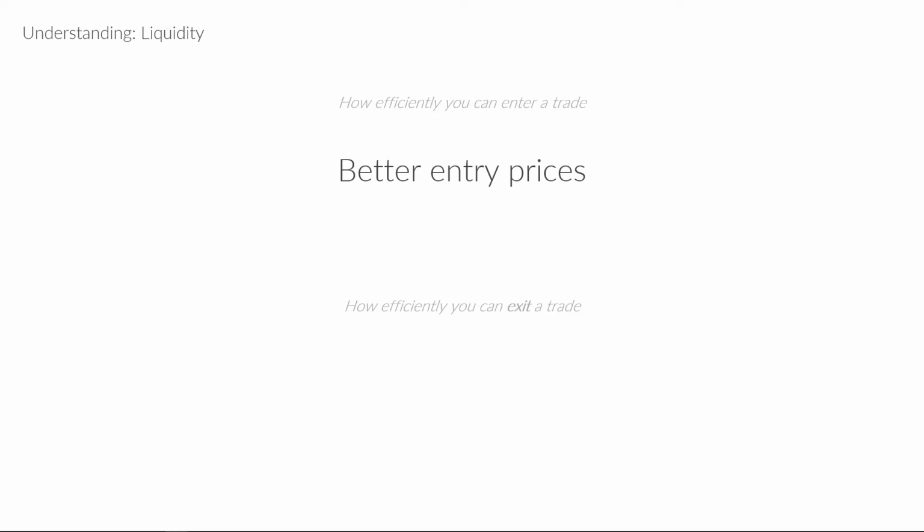In terms of the efficiency of your entry, you can get better entry prices, and therefore optimize your short-term profitability. This affects your long-term profitability too, but in terms of getting better entry prices, it's something you're going to notice more on the short term, in all likelihood.